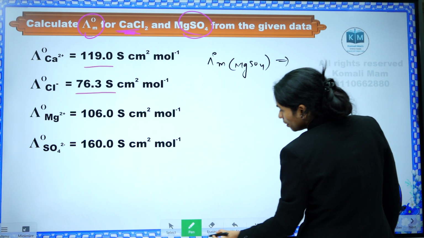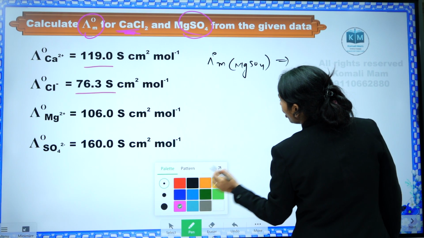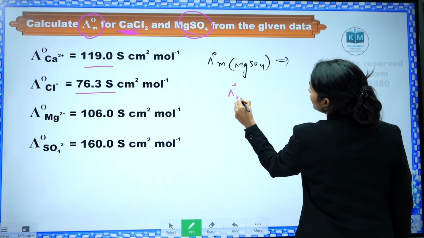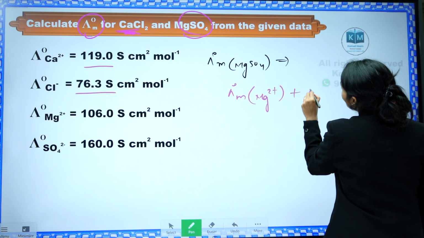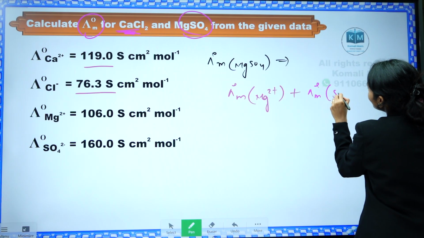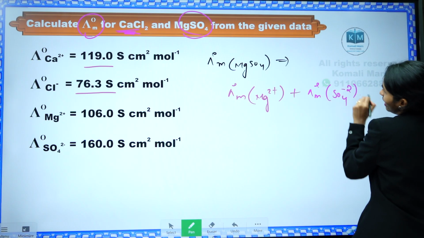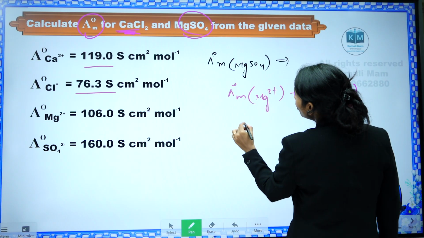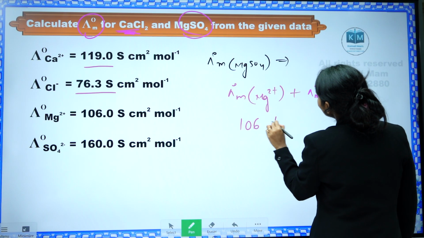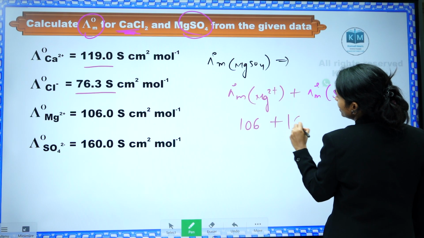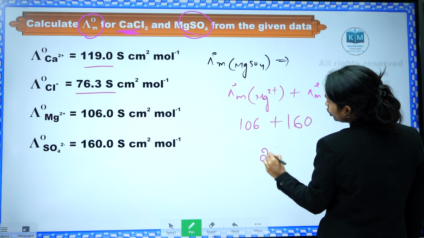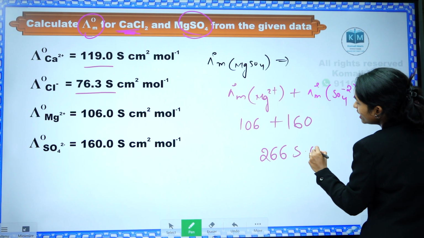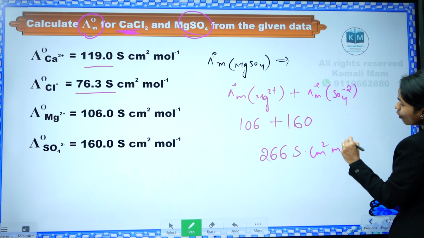Molar conductivity at infinite dilution of magnesium ion plus molar conductivity at infinite dilution of sulfate ion. What is the magnesium ion value? 106, plus the sulfate ion value, 160. So upon adding, 266 Siemens centimeter square mole inverse.